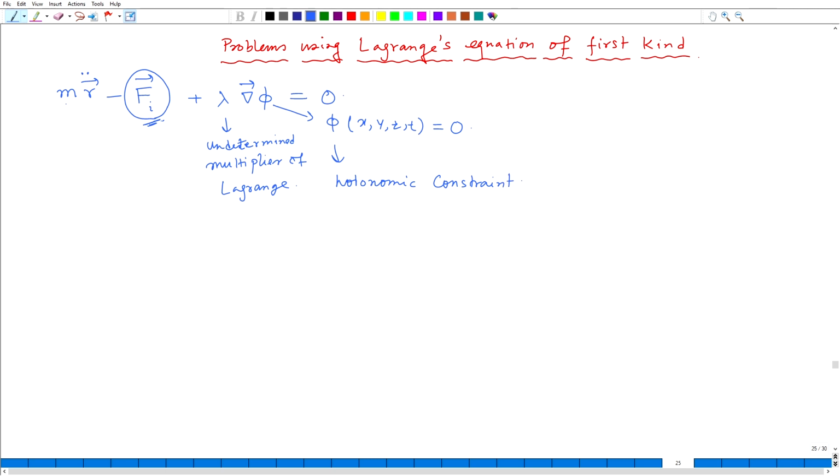So, we can start with a very simple case where a particle is moving in a circular orbit. Now you see our approach will be to identify the constraint. So, in a circular orbit, let us say a particle is moving in the xz plane.